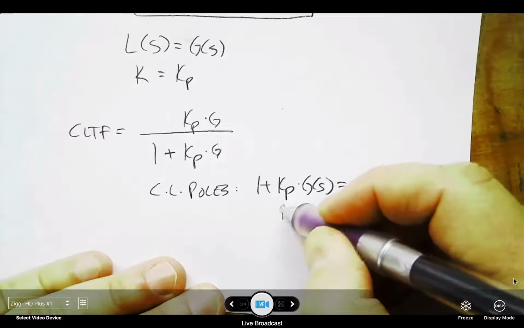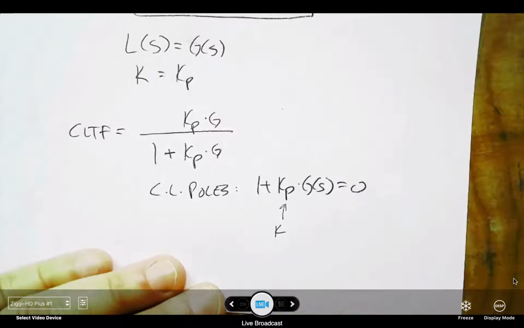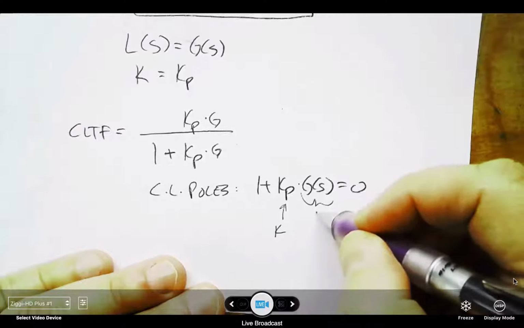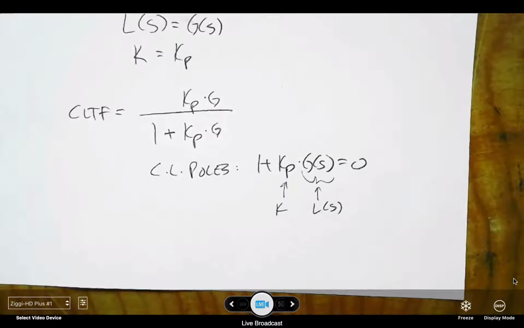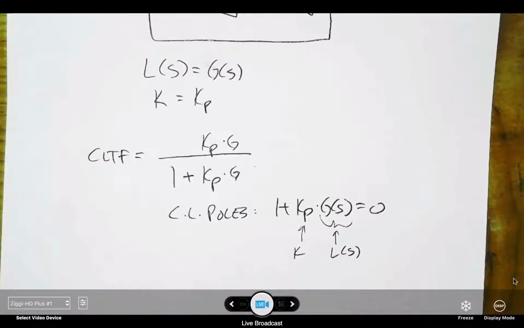So this is the gain that I'm trying to vary, which we've been calling K, and then this is whatever multiplies K. So for proportional control, we essentially get it for free. L is equal to G, and K is equal to Kp.